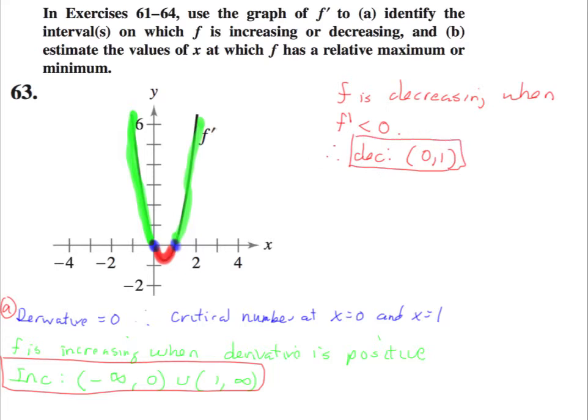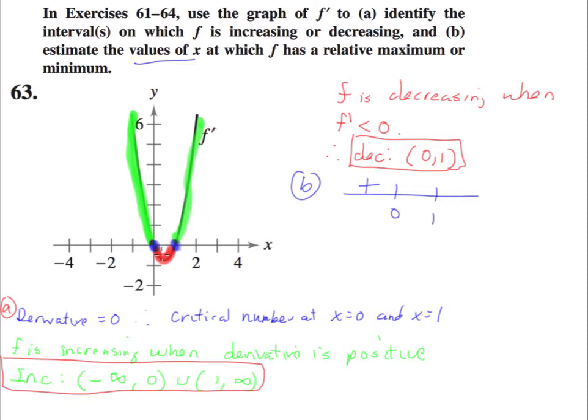To find part B, we're going to estimate the x values. Now notice we only have to find the x values of the relative maximum or the relative minimum. So remember, our relative max or minimums can occur at our critical values.